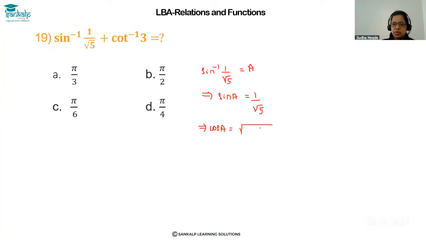It is root of 1 minus sin square A, that is root of 1 minus 1 by root 5 whole square, that is root of 1 minus 1 by 5, that is root of 5 minus 1 divided by 5, that is root of 4 by 5.